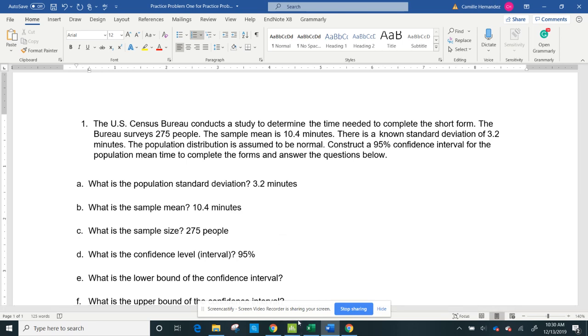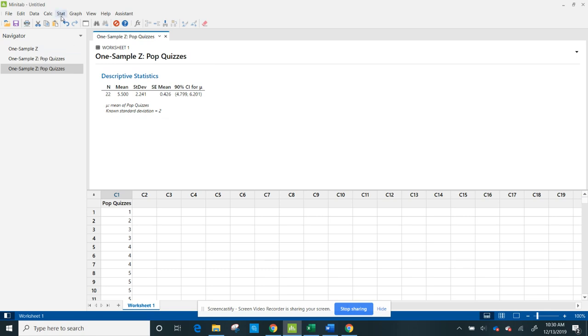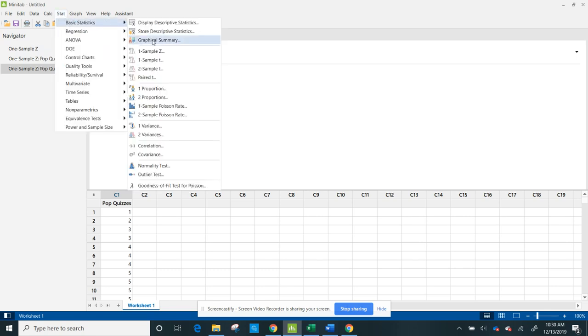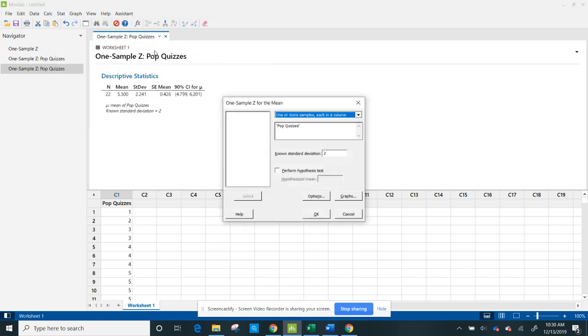So I have the 4 items I need to solve this problem. I am going to go over to Minitab and start to put this in. I'm going to go to Stats, Basic Statistics, 1 Sample Z, click this little arrow and choose Summarize Data.